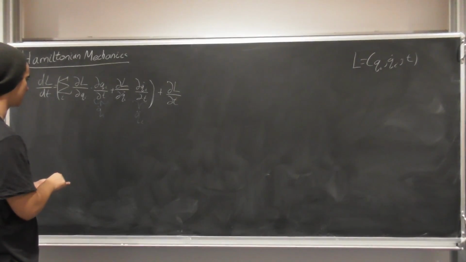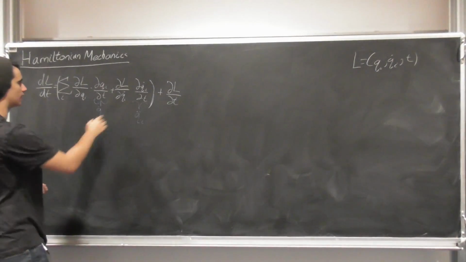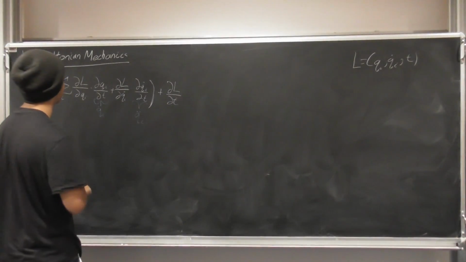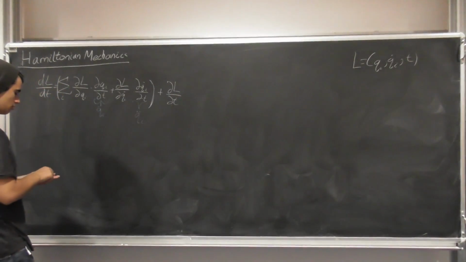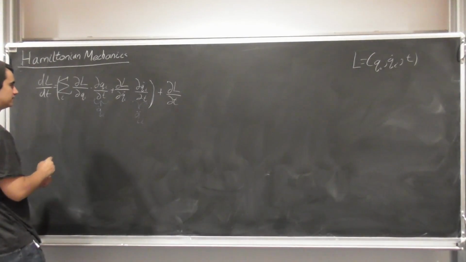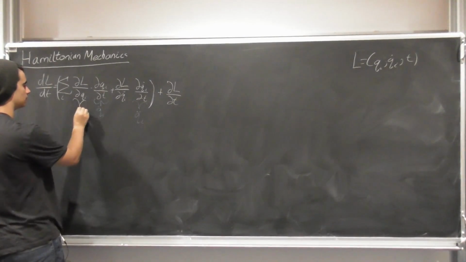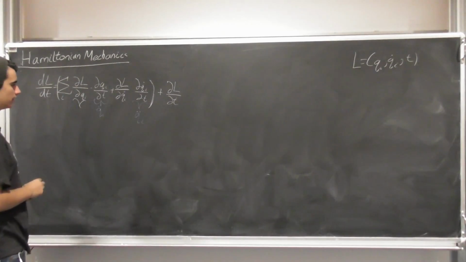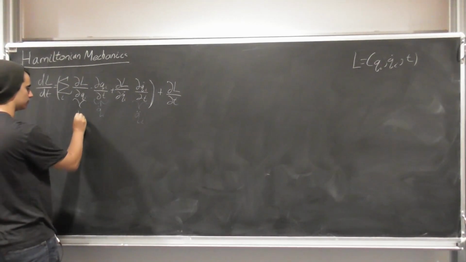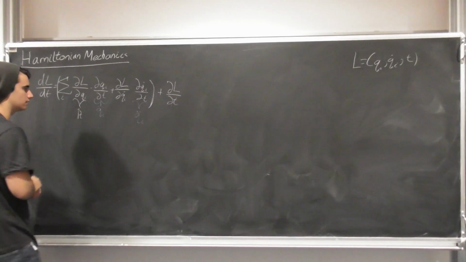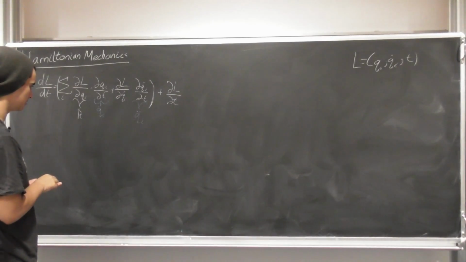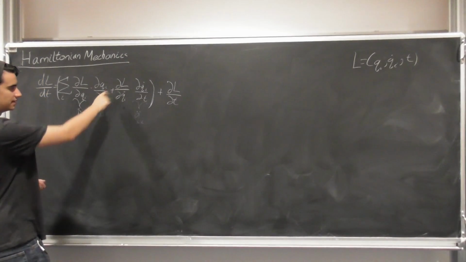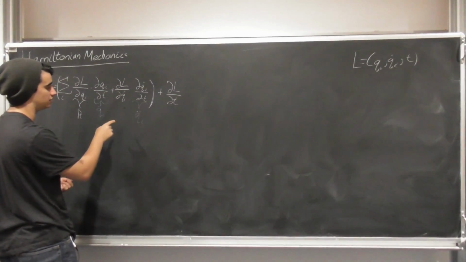And now let's have a look at our other two terms here. From our Euler-Lagrange equation and how much time we spent looking at that, we'll realize that this term here, dL/dq_i, will be some p_i dot. And our final term inside the summation will be dL/dq sub i dot.